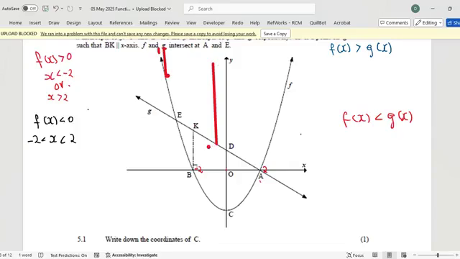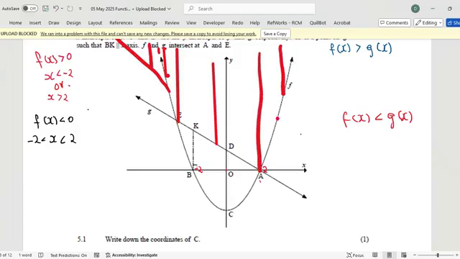The first graph I touch here will be the f graph. But if I come to this point, the first graph I touch is the g graph. Even on this side, when I move from the top, the first graph I touch is the f graph.